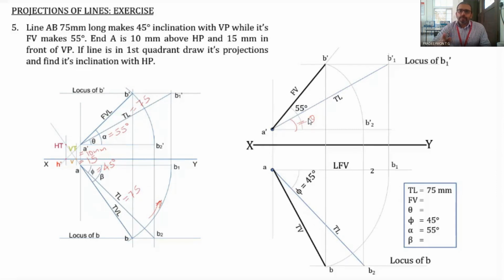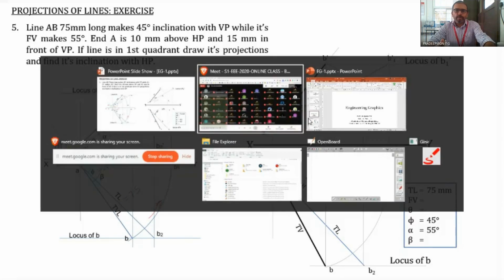Once the arc is drawn, then A dash B dash can be drawn. Likewise, the steps can be different, maybe in a different order, but all these steps are required. Now let's go to the OpenBOT software, and from there we can draw it.